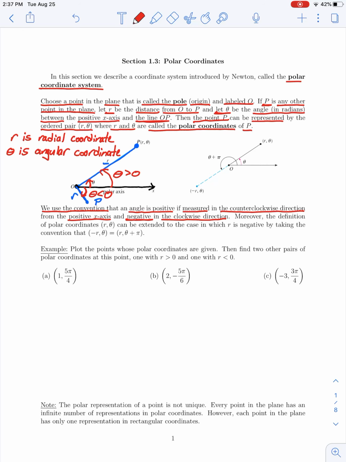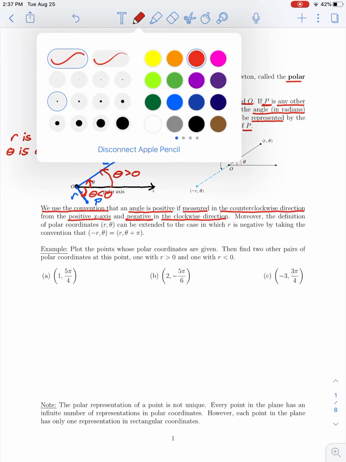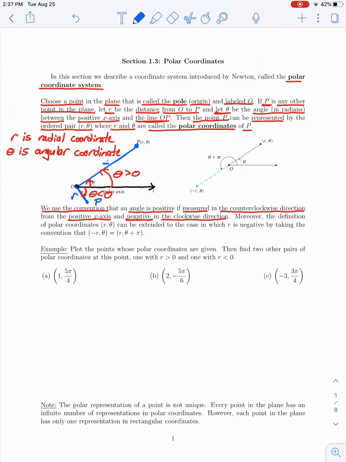All right. Now, one other thing to mention here, moreover, we can extend the definition of polar coordinates, (r, theta), to the case where r is negative by taking the convention that if we have a point given as (-r, theta), we would say that that is the same point as (r, theta + pi).